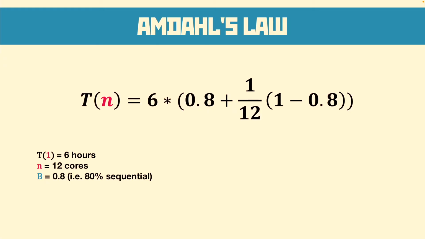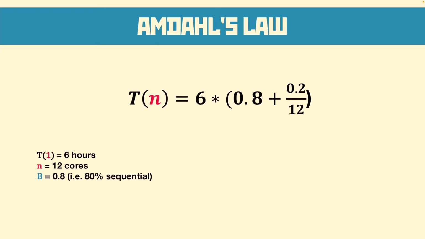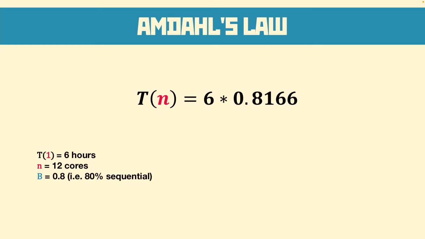That turns into this, which once you work it all out and do all the maths, you end up with this calculation, which gives you 4.8996 hours, which is the processing time it would take with 80% of it being sequential and 12 cores, which makes about some sort of sense. And therefore, you should be able to work that out very, very quickly. Do practice it, do go and learn that formula, because if they ask you to do it, you will have to apply Amdahl's law very, very quickly.